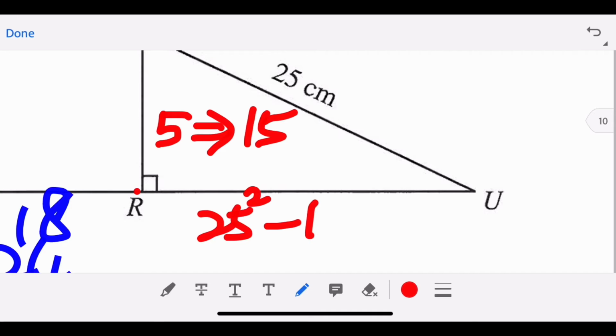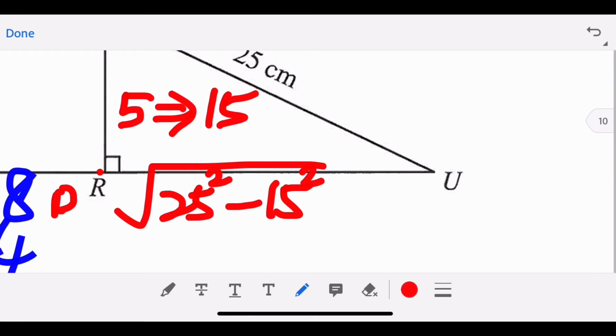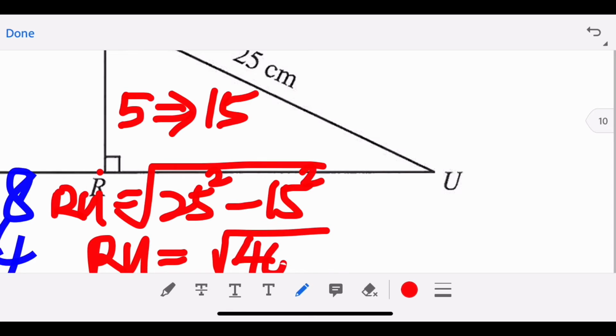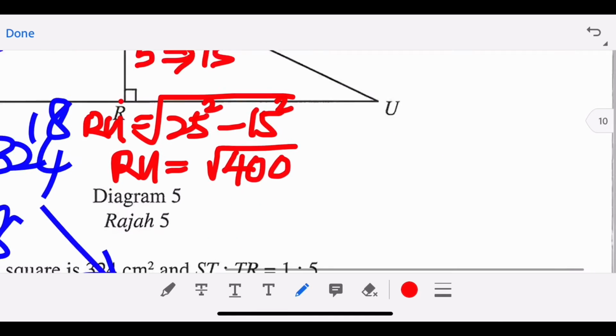With that, we can find the length of RU by using Pythagoras theorem, which is 25 squared minus 15 squared, which is equivalent to square root of 400. You don't have to press your calculator, you just maintain your answer as square root 400, and I'm sure you will get the answer from the options given.